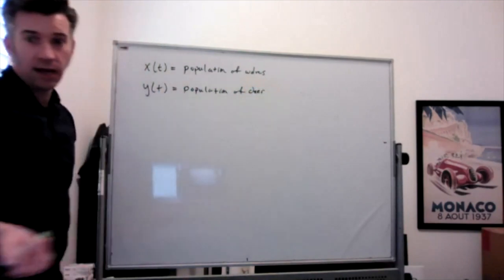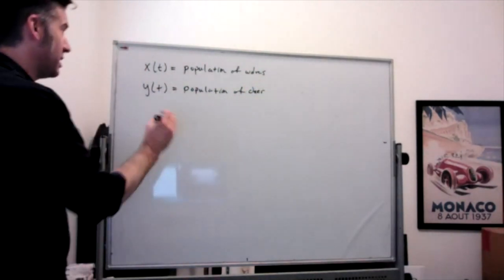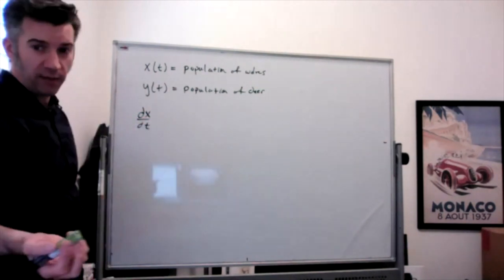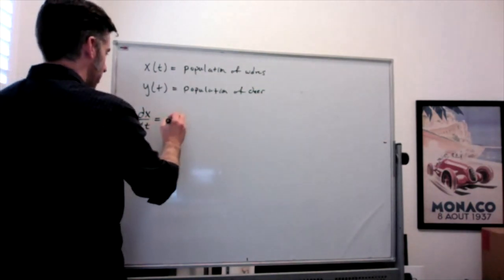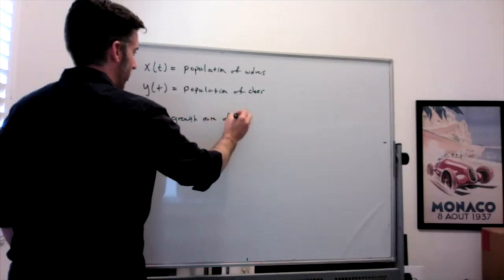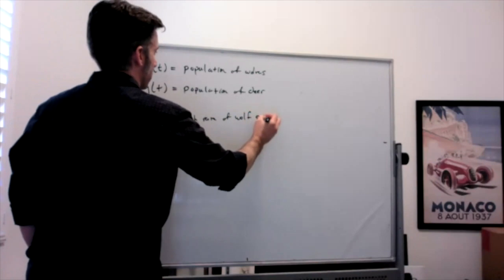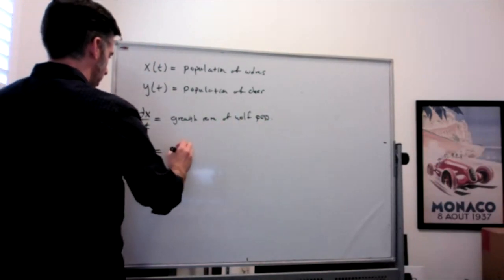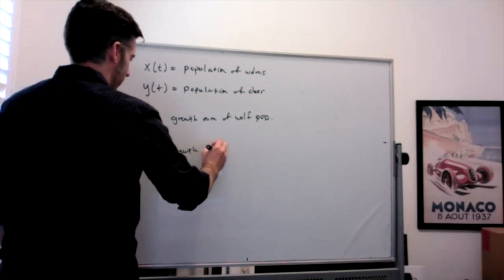And here's what we're going to say: dx/dt, the rate of change of the population, is the growth rate of the wolf population. And similarly, dy/dt is the growth rate of the deer population.